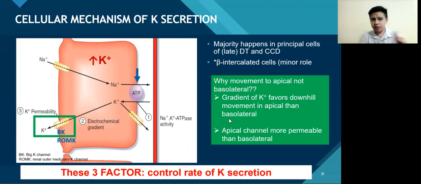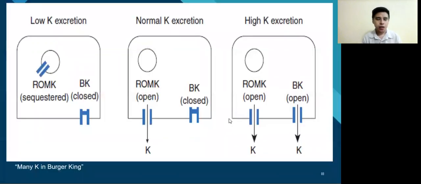Doc, what is the difference between BK and ROMK? This is the difference. In a patient with low potassium, of course both channels will be closed, because we don't want to secrete potassium since it's already low; we want to reabsorb potassium.